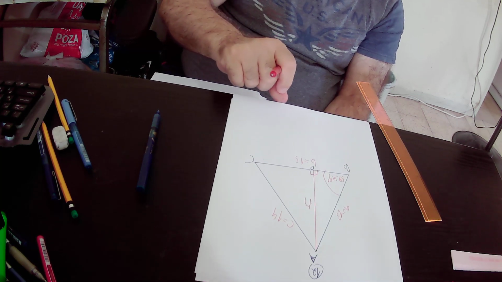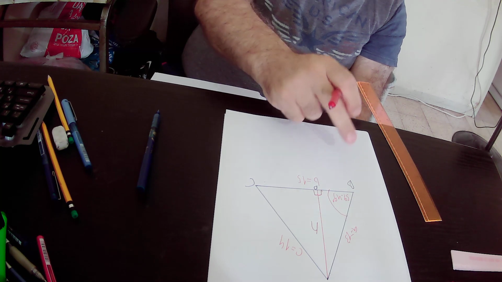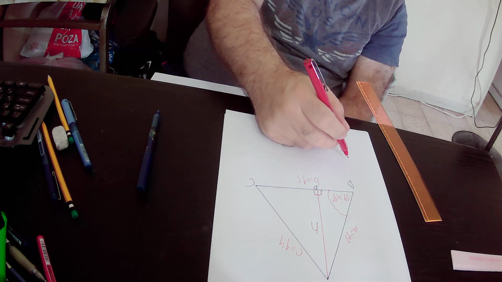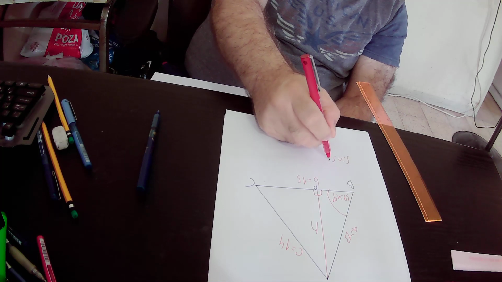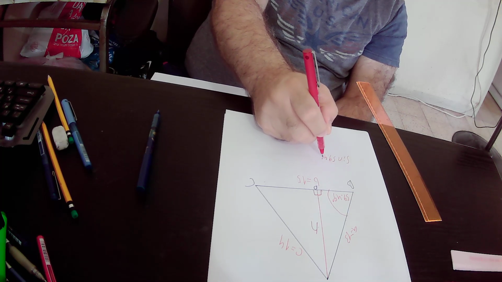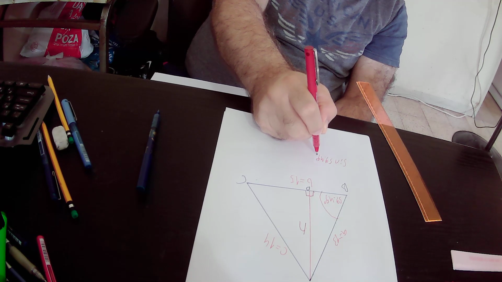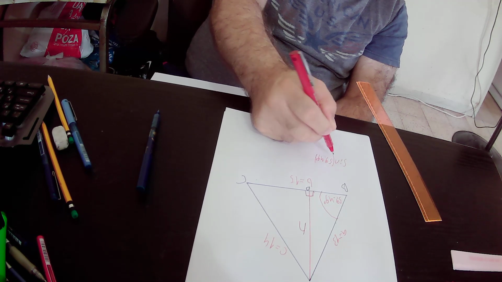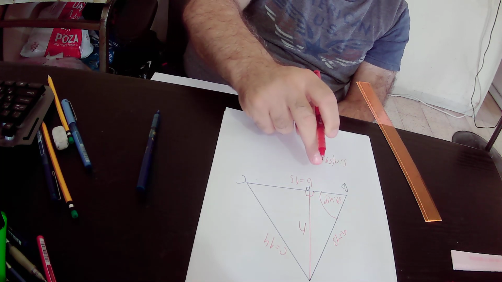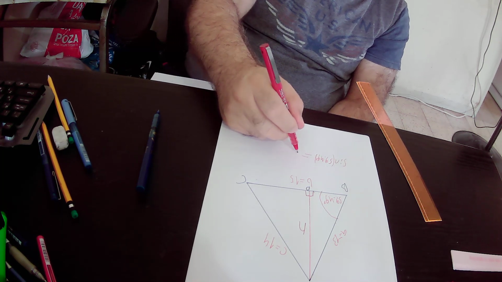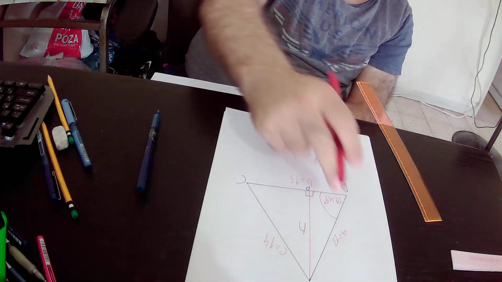So what is the value of sinus 59.49 degrees? Actually, the value of sinus 59.49 degrees equals h over a.